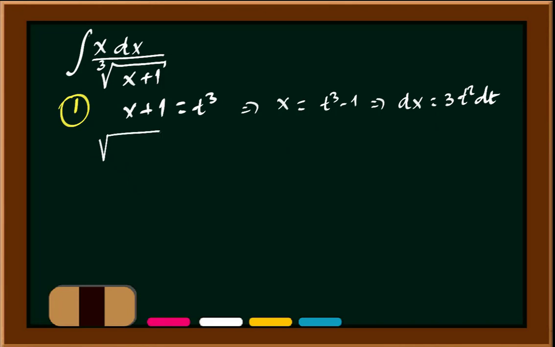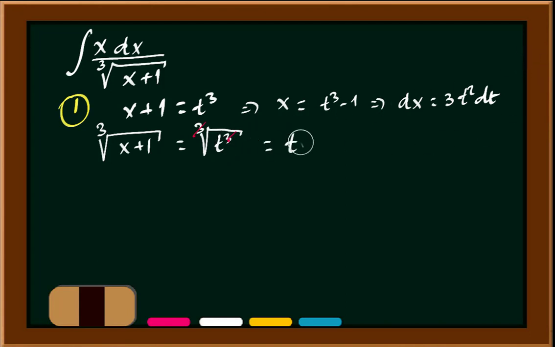All I have to do is to replace these values, and now if you look at the cubic root of x plus 1, it's a cubic root of t cubed, and that is just a t, right? So in the denominator, now I don't have any radical, I just have the t.